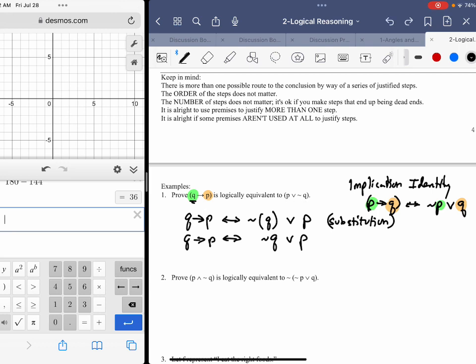P or not Q is the same as not Q or P, and that's because of the commutative property. I mentioned that before, that the or sentence is commutative, meaning that you do it in either order, it means the same thing.